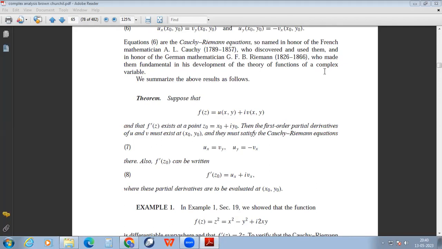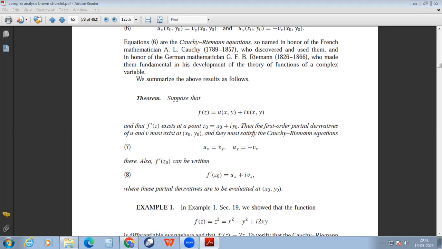Okay, so what we saw here is the necessary conditions are given by this theorem. I think everyone is able to see the screen.